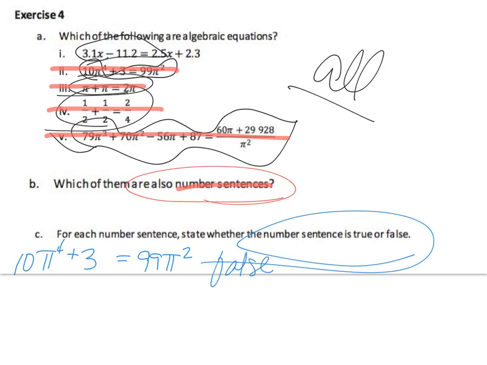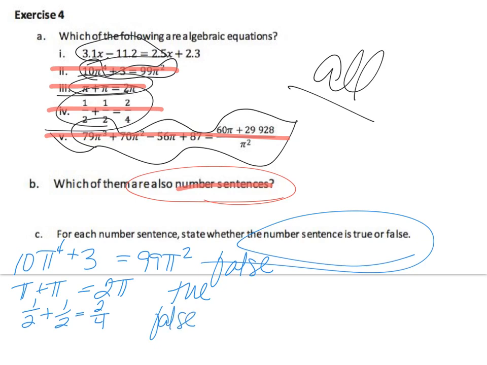The next one, pi plus pi equals 2 pi. That is true. What is next? Number 4. Let's look at number 4. 1/2 plus 1/2 equals 2/4. That is false. Okay, the number does not work out.